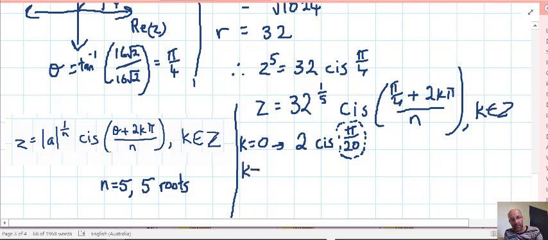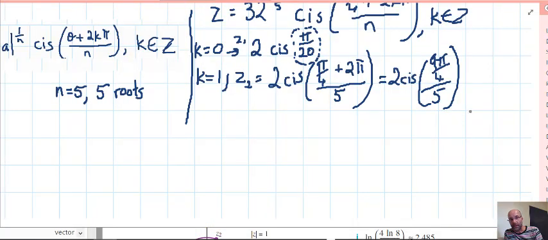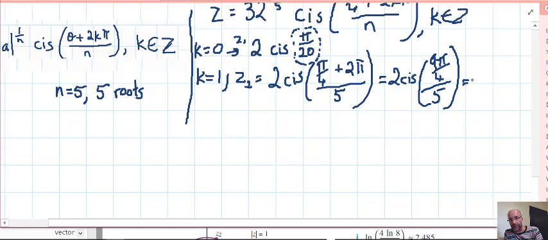So k equals 1 is the next, and so we've got that was z1 there, so the root z2, 2 cis, and we keep going. Okay, so that's 2 cis 9 pi on 20 is our second root.